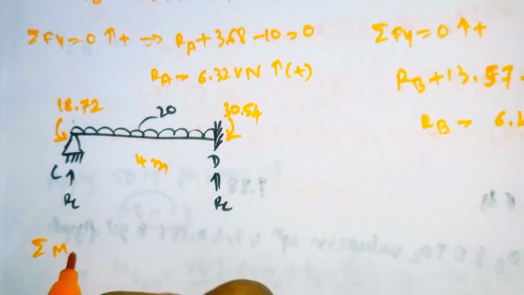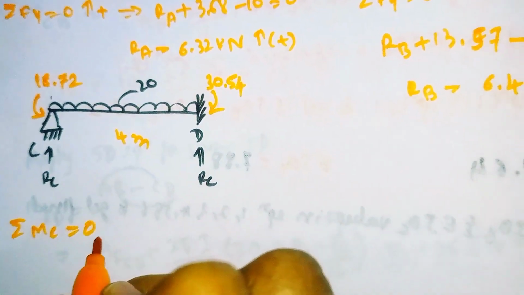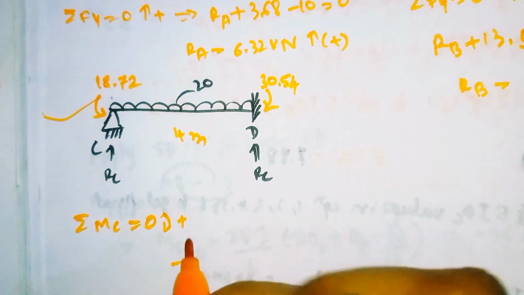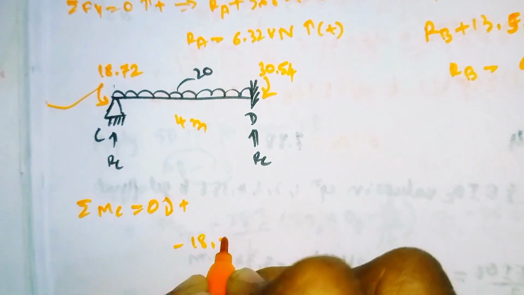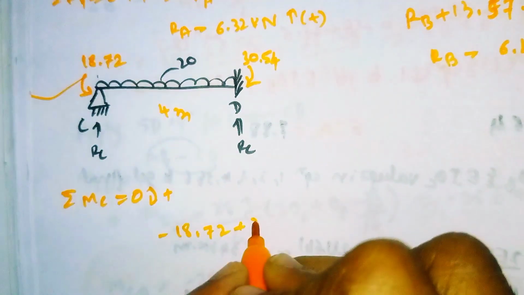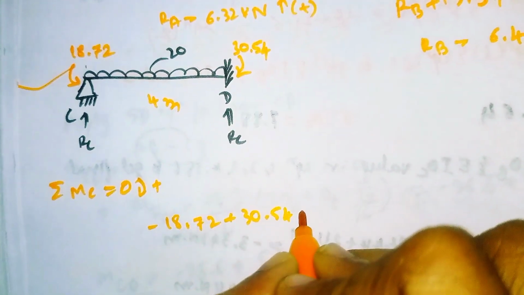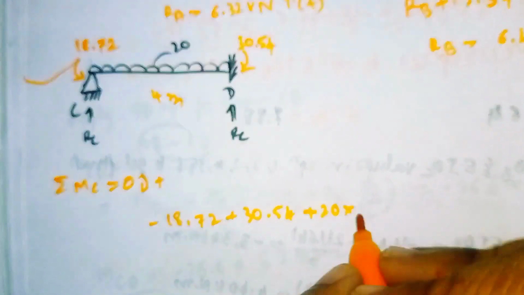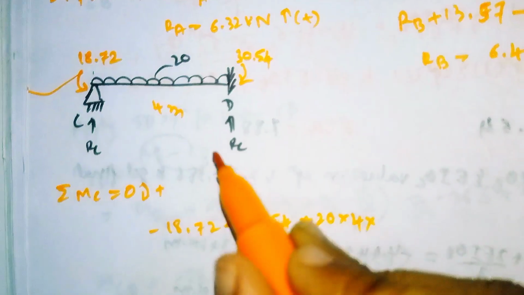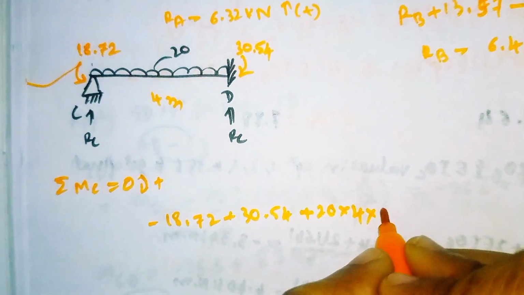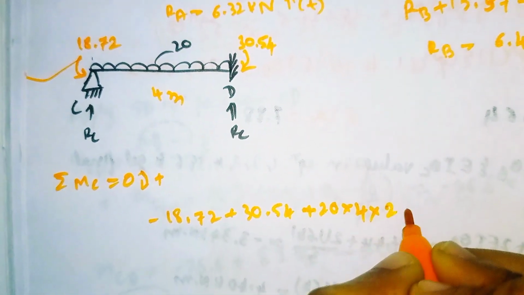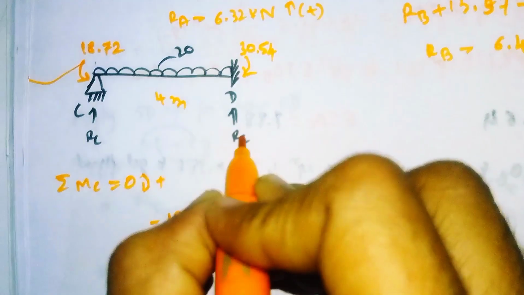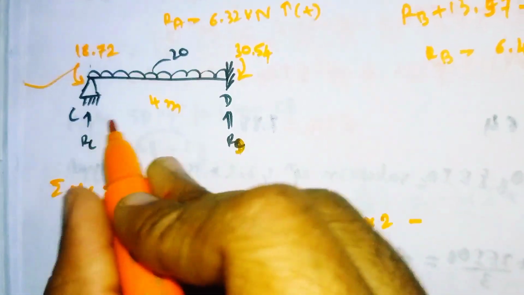Summation of moment about C is equal to 0, clockwise positive. So it is anti-clockwise, negative: minus 18.72, plus this is clockwise rotating 30.54, plus 20 into the UDL distance 4 at a distance of L by 2, which means 4 divided by 2 is 2, minus RD into the distance 4.